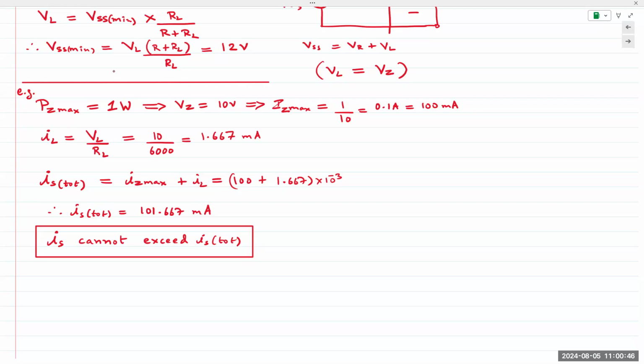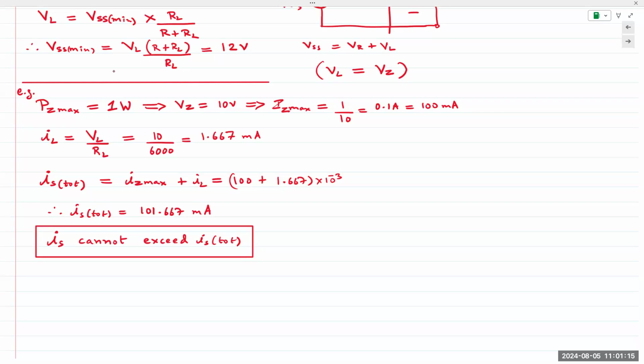So then let's figure out the maximum voltage drop across that load resistor. We established that my minimum supply voltage to turn on is 12 volts. Maximum current through that circuit coming from the source cannot exceed this value.